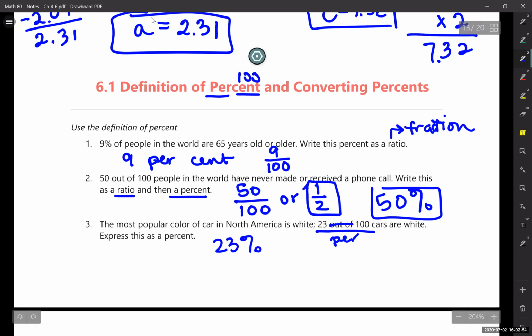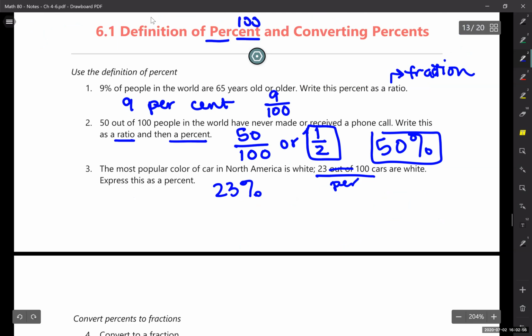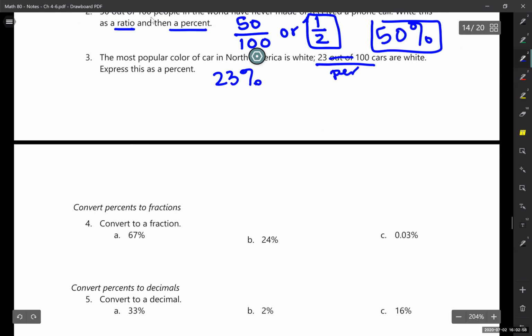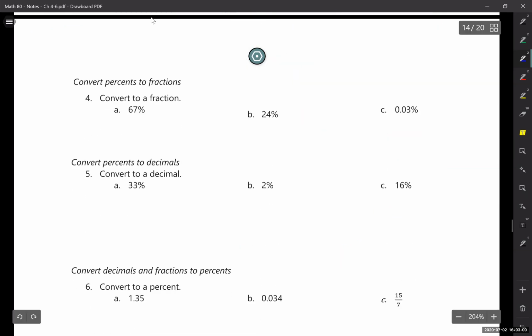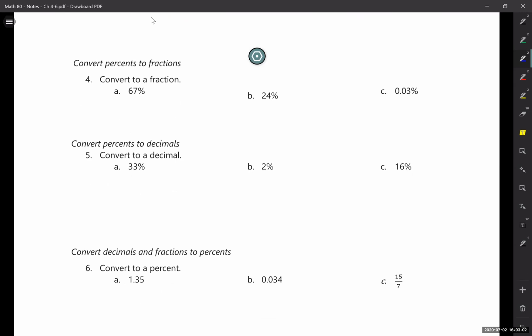Okay, so let's look at converting percents to fractions. We were just doing that up above the first problem, but now these are a little trickier. Typically the 2-digit percents, like these two, A and B, or down here, C and A, those problems all have 2-digit percents.